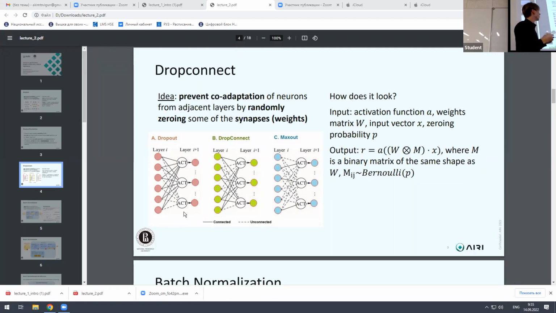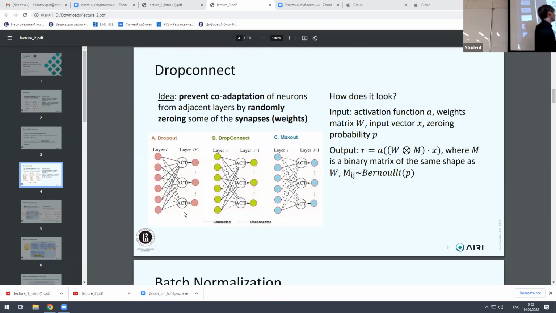Again, we need to prevent the problem of adaptation, but here they say that if we zero the whole neuron, probably it's not great since we lose the whole place where we could store some info, so let's instead zero some of the weights. But again, it was shown to be a bit worse.